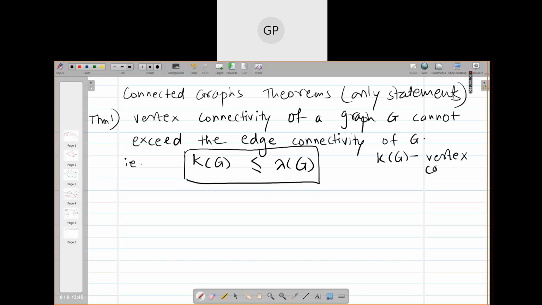Please remember this. Either they are equal or vertex connectivity is less than edge connectivity. Vertex connectivity will never be greater than edge connectivity.